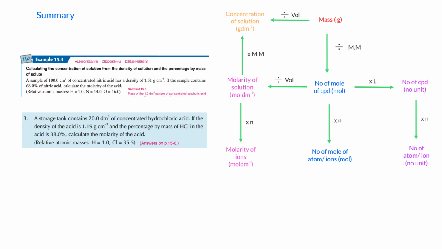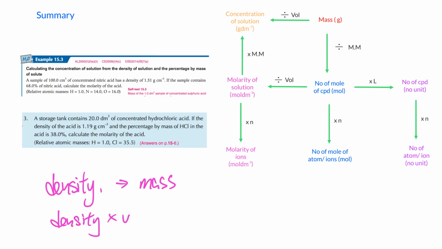Remember, whenever you see density, it is important information to help you to find mass. The value of density is to help you to find mass. The relationship between these 2 is density times volume equals mass. So the next point I want you to remember is, when you talk about concentrated hydrochloric acid, we are talking about including the water.